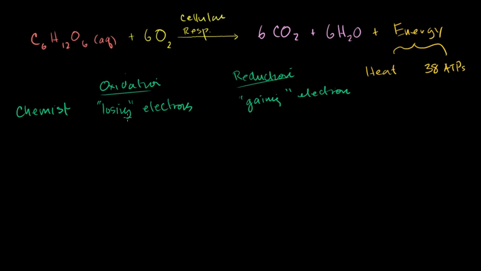If you have trouble remembering, oxidation is losing, that's the mnemonic OIL. Oxidation is losing electrons, and reduction is gaining, or RIG. So OIL RIG. This is what you learn in chemistry class.